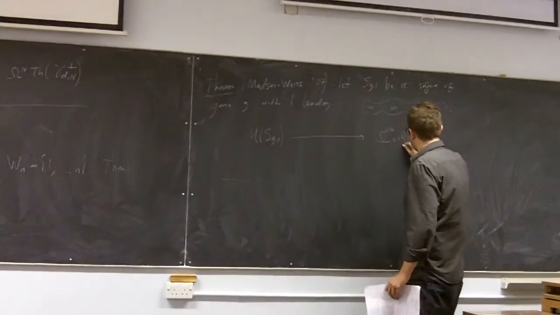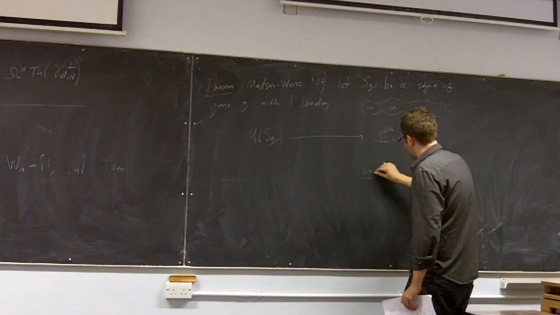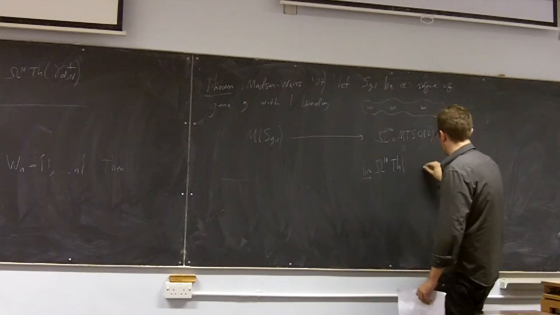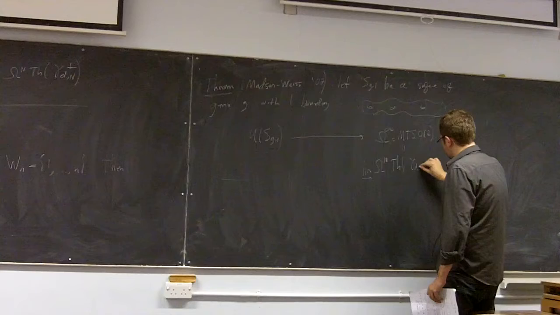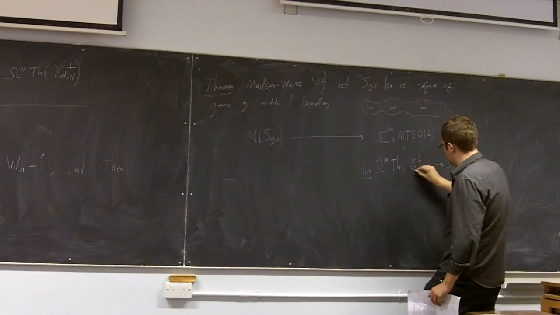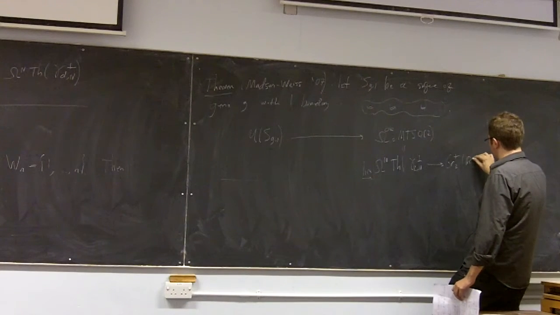Okay, so this is nothing but notation for the following. You take the n-fold loop space of the Thom space of the complement of the tautological bundle. I guess that should be 2. Over the Grassmannian of oriented 2 planes in R^n.